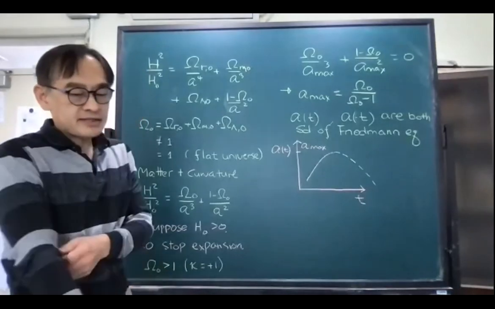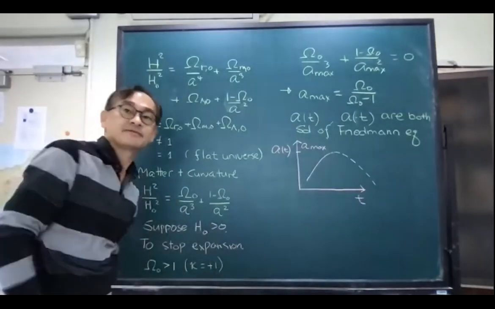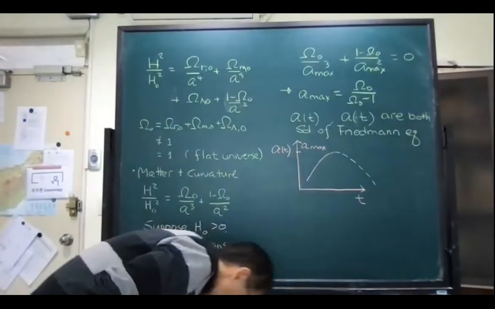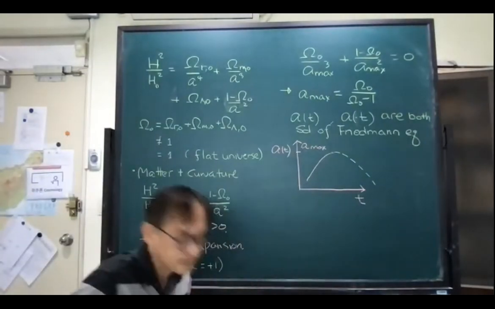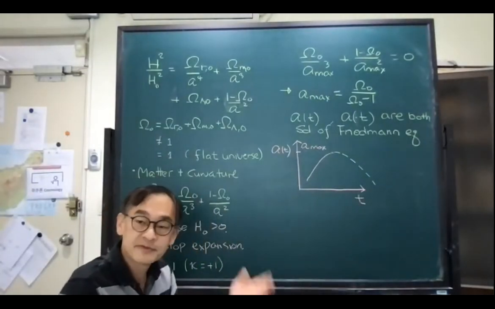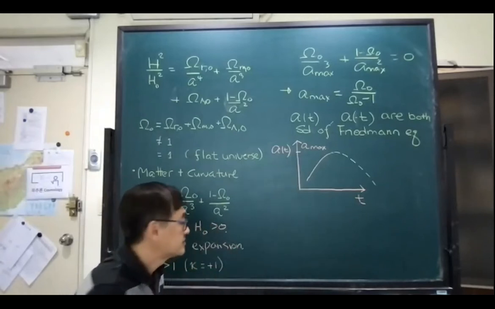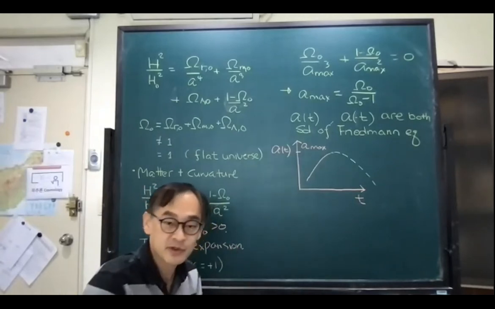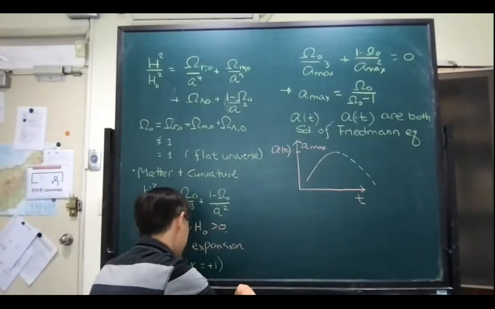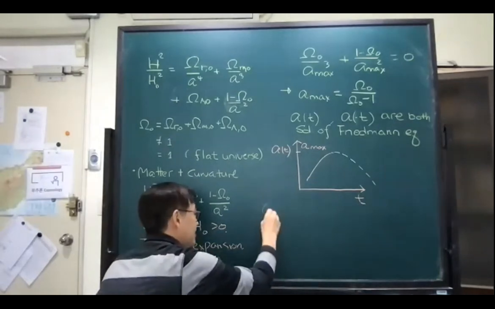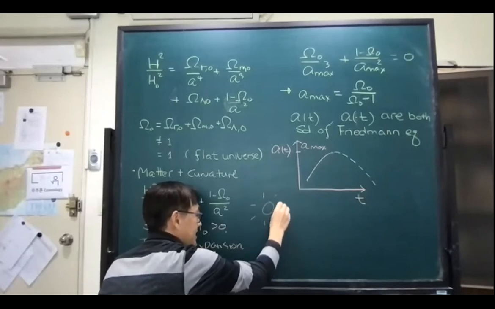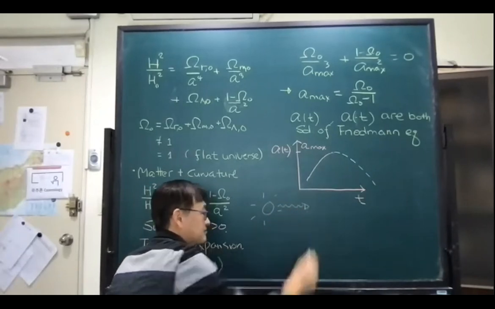But let's think more carefully. This is a formal solution, but in our solar system we have the sun. The sun emits light, emits photons.